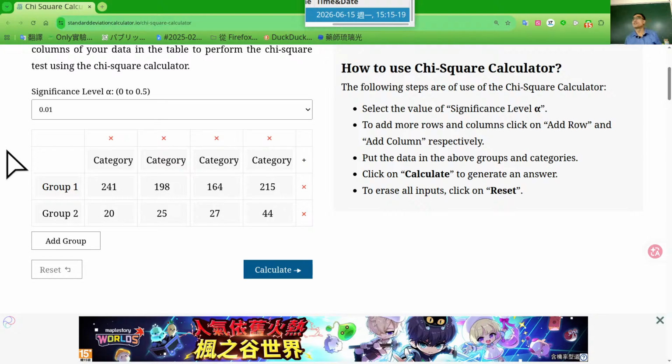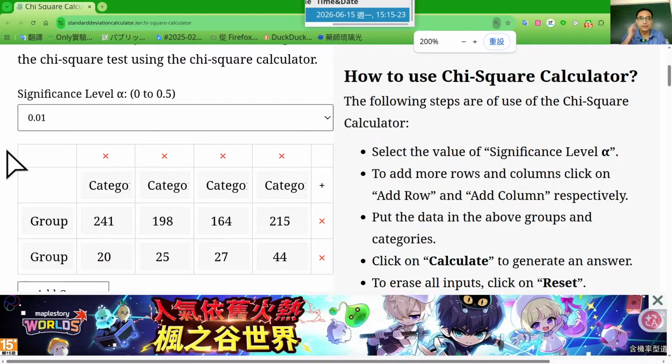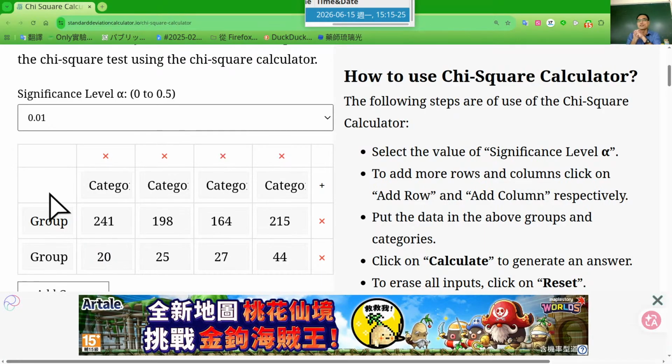Okay, please use your cell phone to run the numbers like this, like 30 seconds.